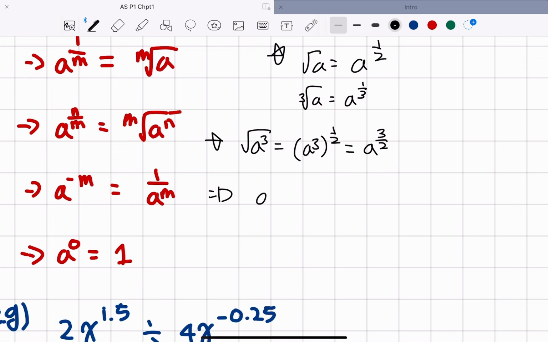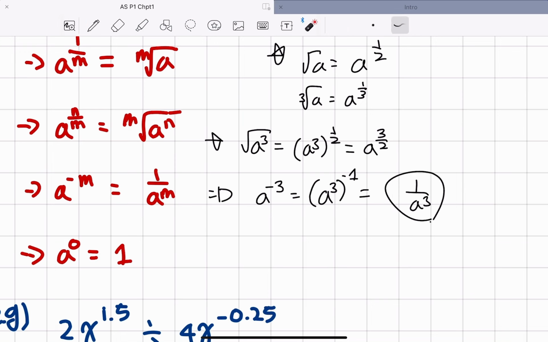What if it's a to the power of minus 3? Then we can write down this one as a cubed to the power of minus 1, right? Which means if we use this rule, then we can change this one to 1 over a cubed, and this one also makes sense.